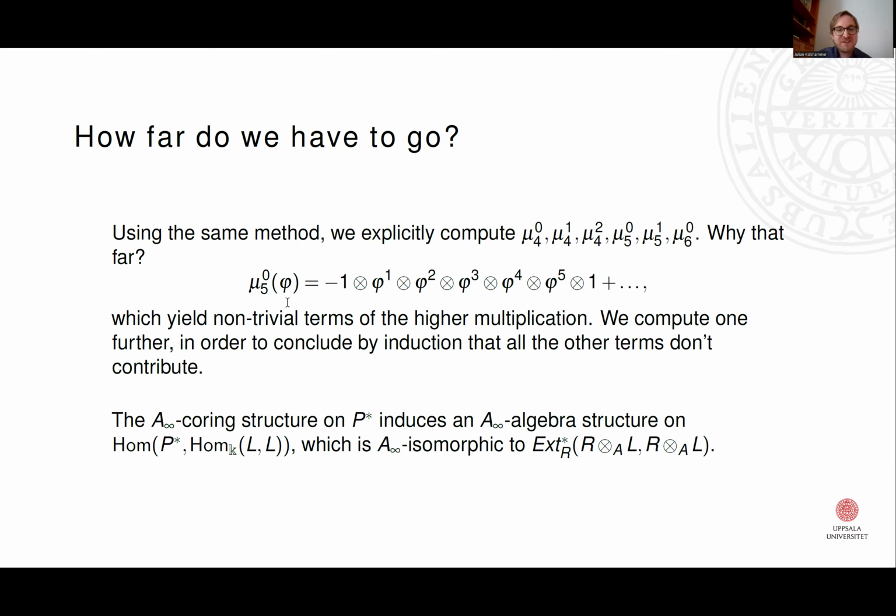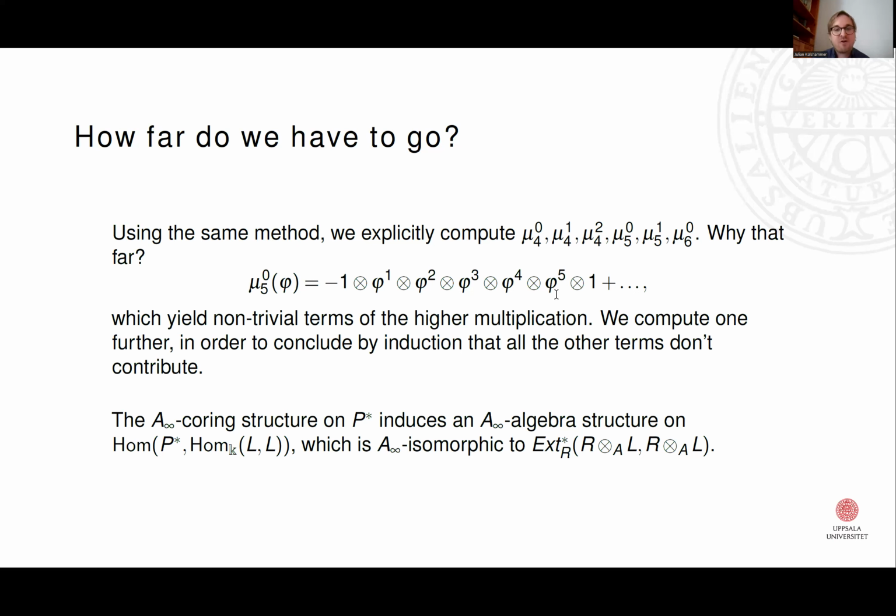If you look at mu5 0, some generator phi of v bar, you see the term 1 tensor phi 1, tensor phi 2, tensor phi 3, tensor phi 4, tensor phi 5, tensor 1, which is something that arises if you do d1 of phi. d1 of phi is some element of v bar tensor v bar, so it's some element of a tensor phi tensor a tensor phi tensor a, if you identify this with this isomorphic module.